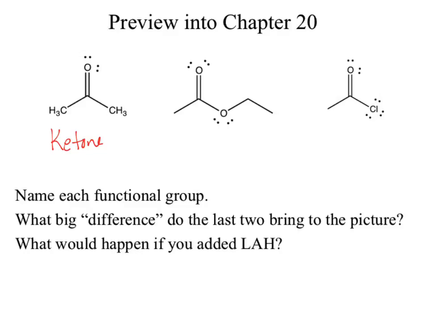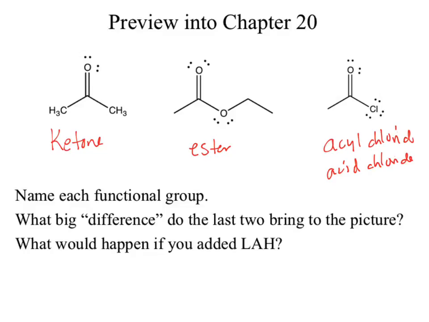Ketone, not an ether. Ester. Acyl chloride. And Sean, you are valid as well, an acid chloride. Not the chlorocarbon, that's an alkyl halide. But calling it an acid chloride works as well.